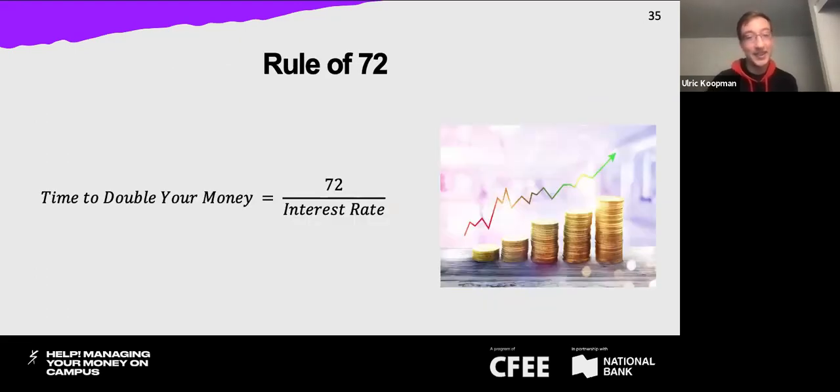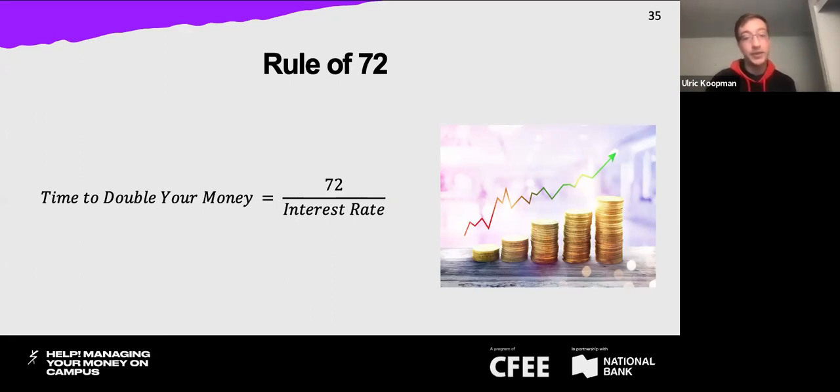Ever wonder how long until your investment doubles? Rule of 72 can be used to calculate roughly in how many years your investment money will double. To calculate how long it will take for your money to double, divide 72 by the interest rate being received. If you earn 2% a year, it will take 36 years for your money to double, as 72 divided by 2 equals 36.